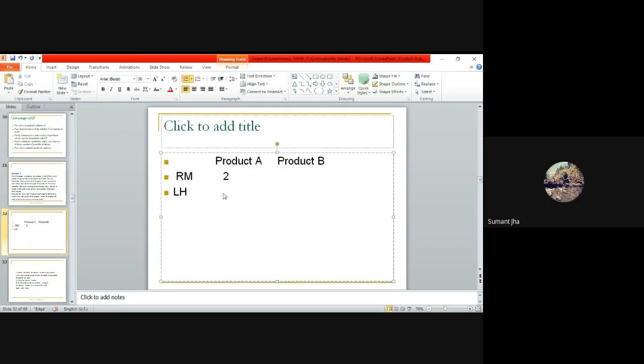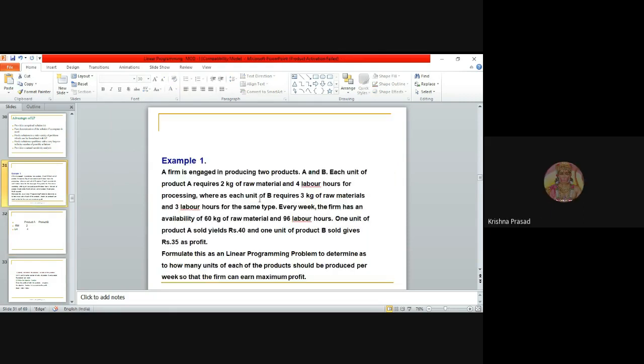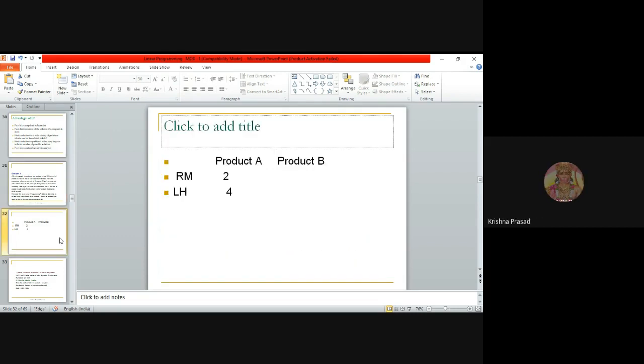Right, sir. What is the raw material required for product B? Please tell. 3 kgs of raw material and 3 labor hours. Is it not?